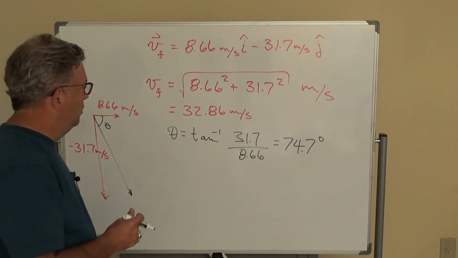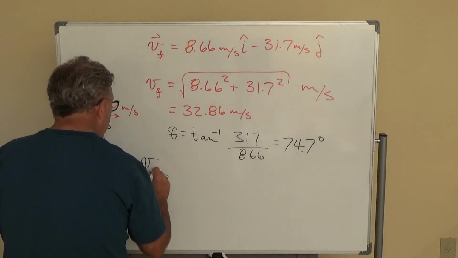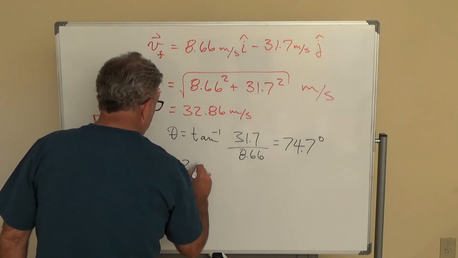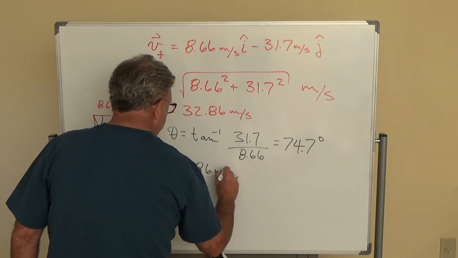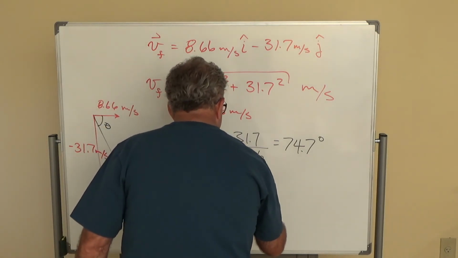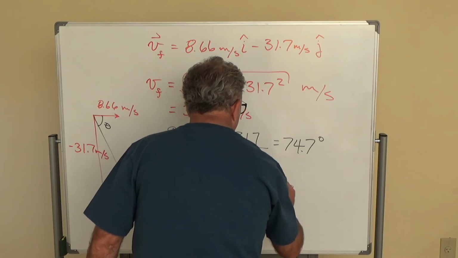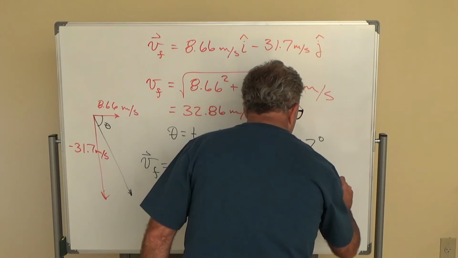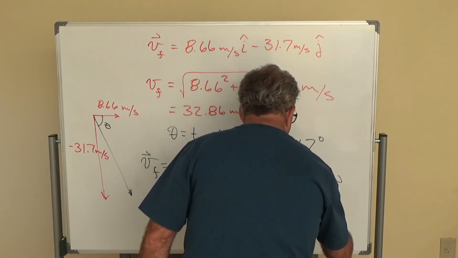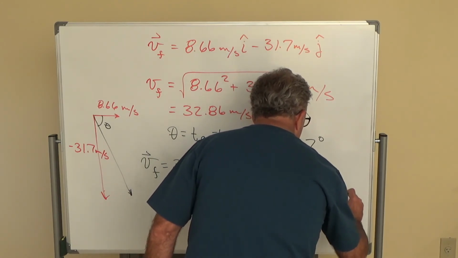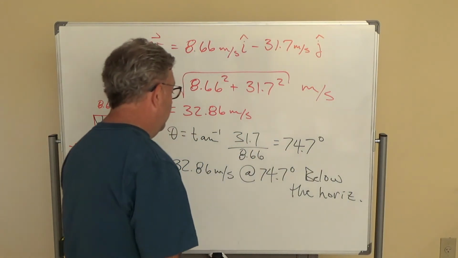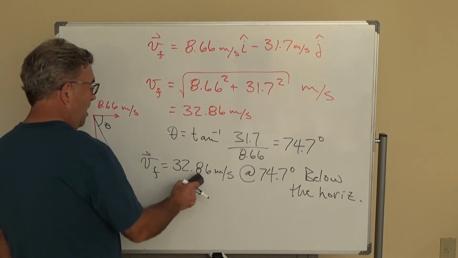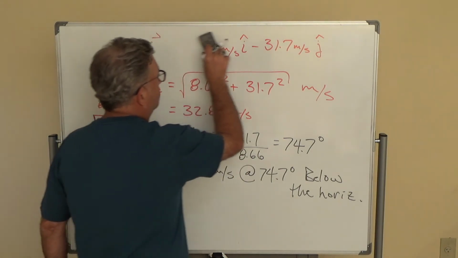Now, there's a couple of ways you could report this. V final is equal to 32.86 meters per second at 74.7 degrees below the horizontal. Okay? Another way, that is a vector. It has a magnitude and a direction.